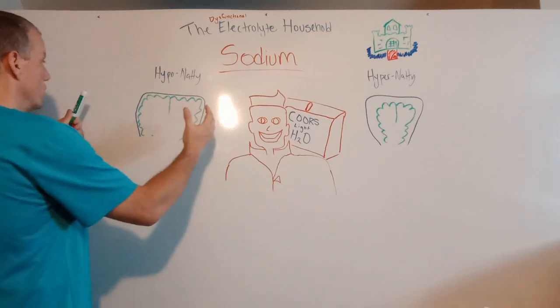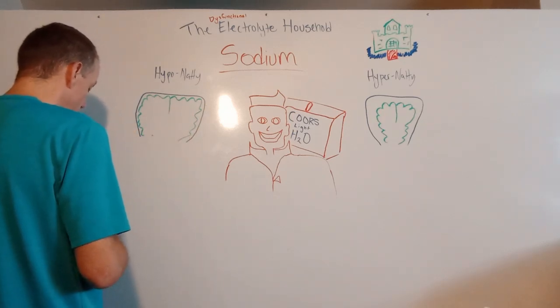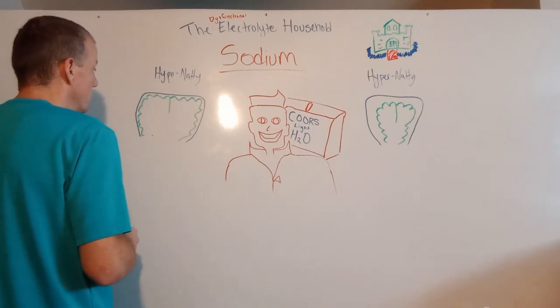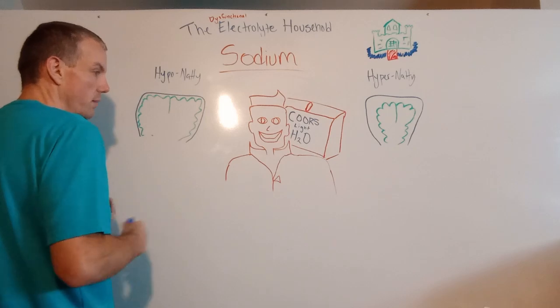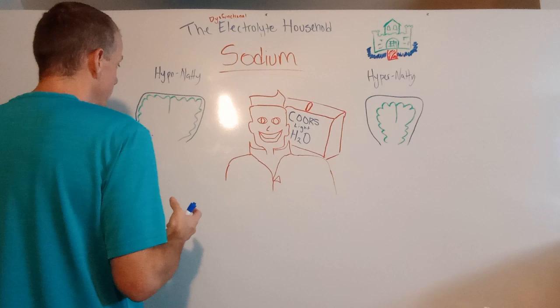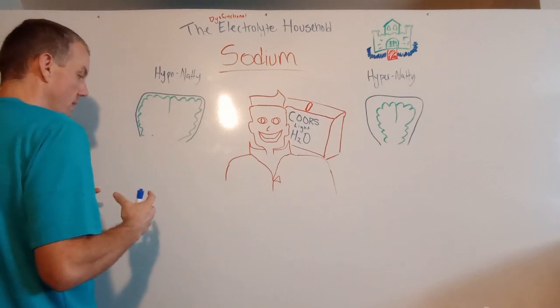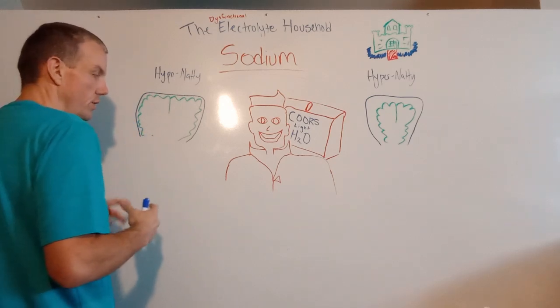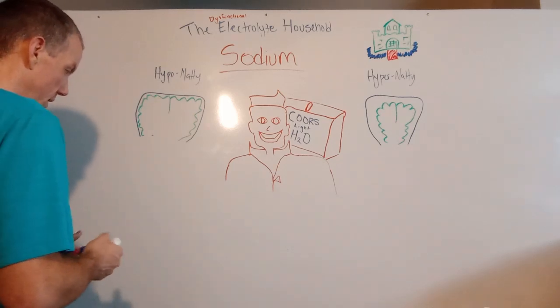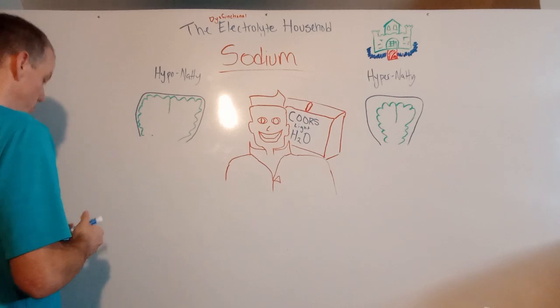And so the brain starts swelling up, and you start getting edema inside the brain. This causes pretty negative effects. It starts compressing a lot of tissues. You can start seeing damage related to this, but generally speaking, you're just going to get cerebral edema.